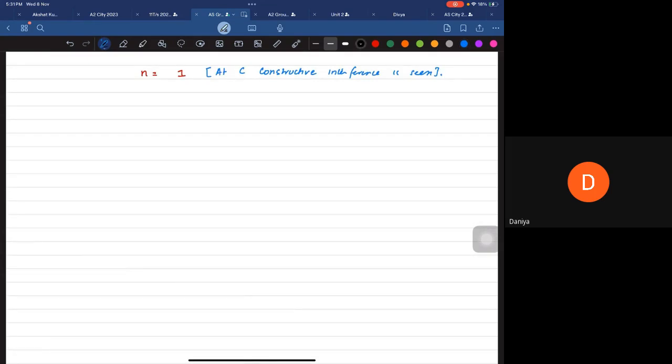So, example. There are two dippers, dipper D1 and dipper D2.